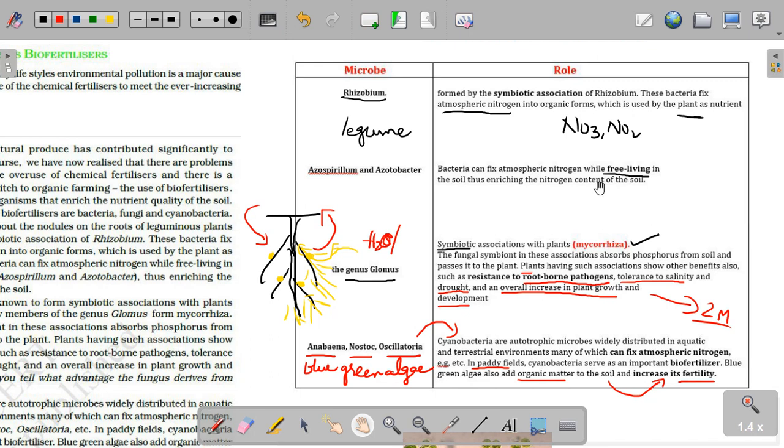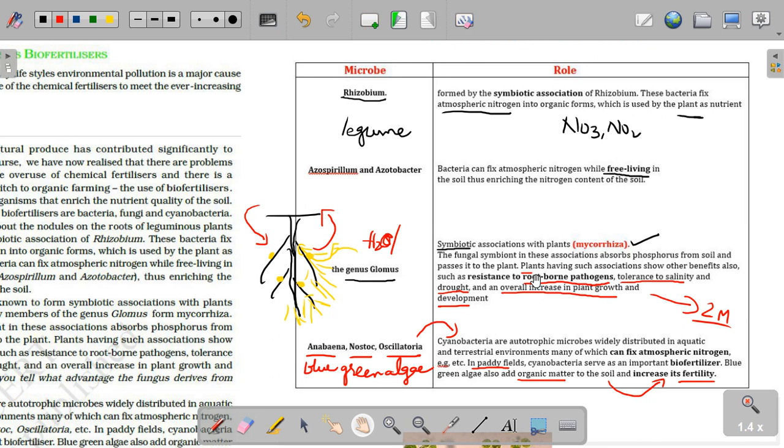The fungi belonging to the genus called Glomus have a symbiotic association with the root system of higher plants, and that association is called mycorrhiza, where mycorrhiza not only absorbs water but also helps in resistance to root-borne pathogens, tolerance to drought conditions, and the overall development of the plant.